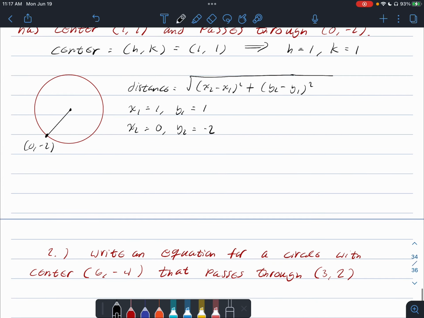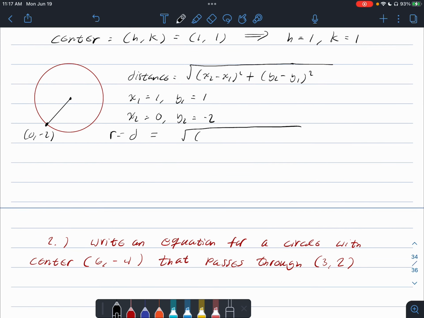So, given that, let's go ahead and find the distance. So we have d, or in this case, r, is given by the square root of (x2 - x1)^2, so we have (0 - 1)^2, plus (y2 - y1)^2, so we have (-2 - 1)^2.